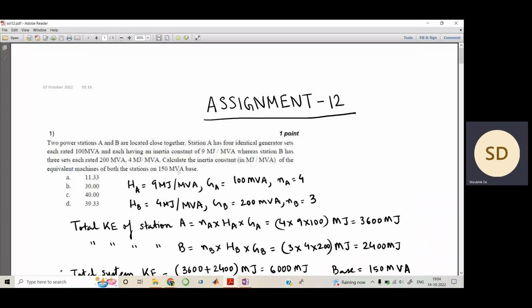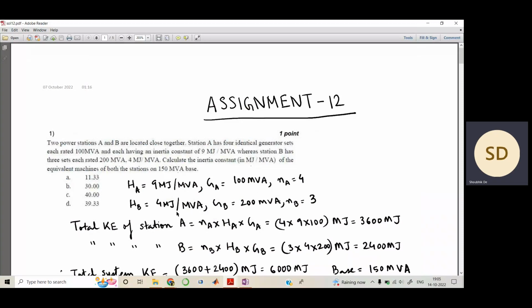So let's start. As we know, this HA, that is of power station A, is the inertia constant of all the four generators. We had four identical generator sets, so they are having an inertia constant of 9 megajoule per MVA, and the rating of each generator is 100 MVA.